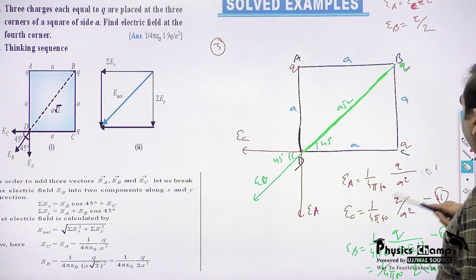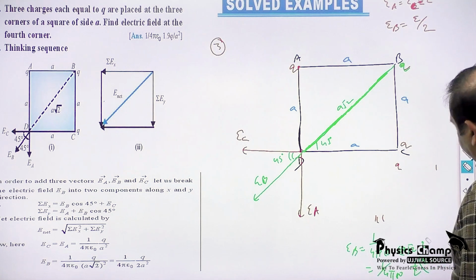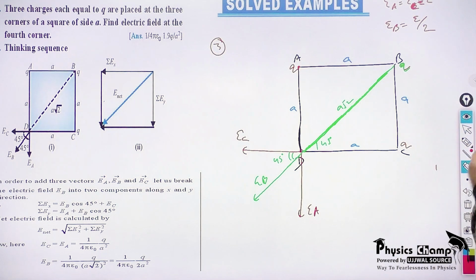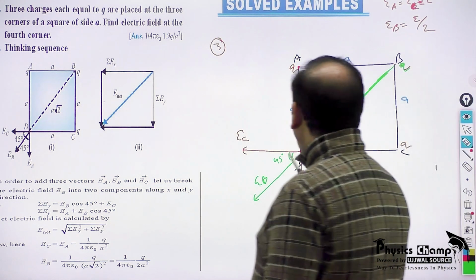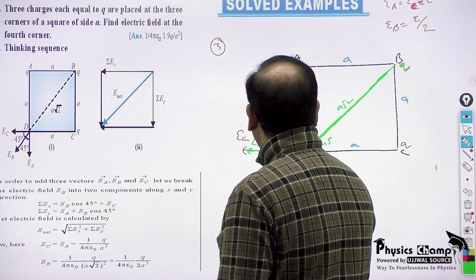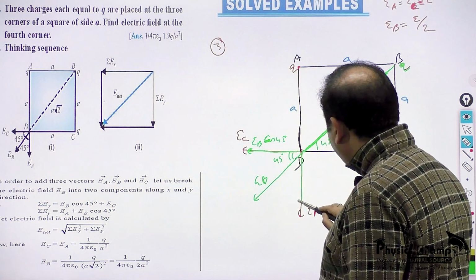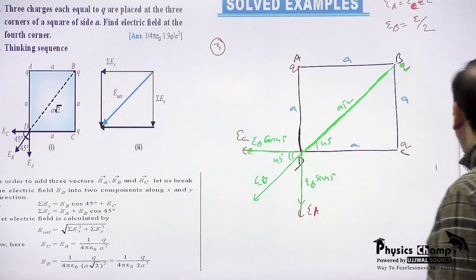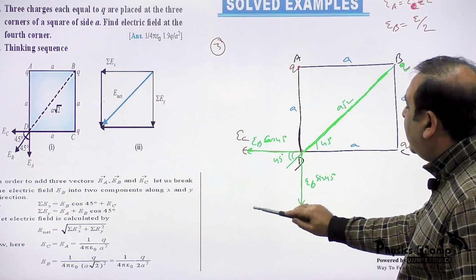But then when we are trying to find the net electric field at D, let's divide this EB into two components, EB cos 45 here and EB sin 45 here. And when I am introducing the components, I can forget about this EB.